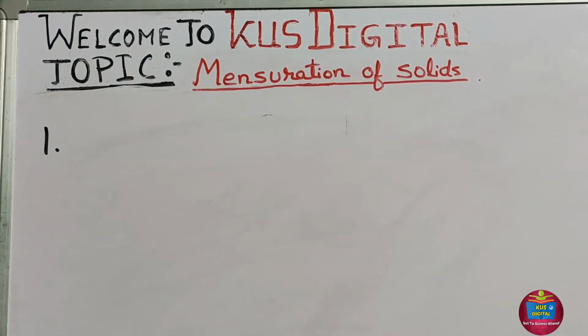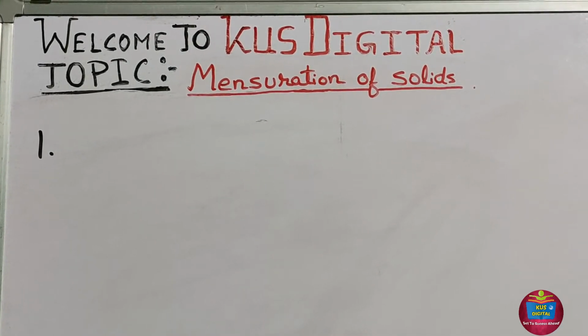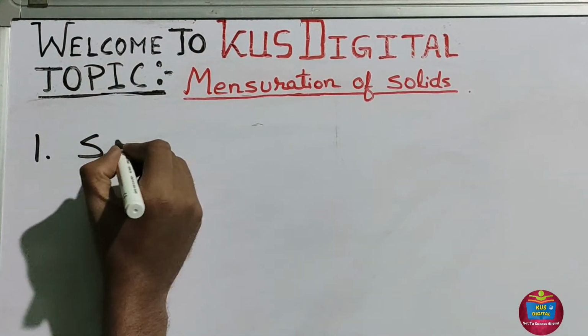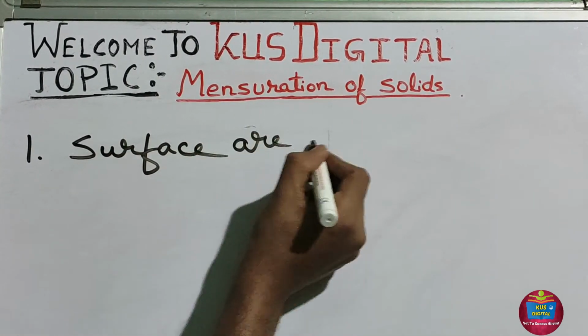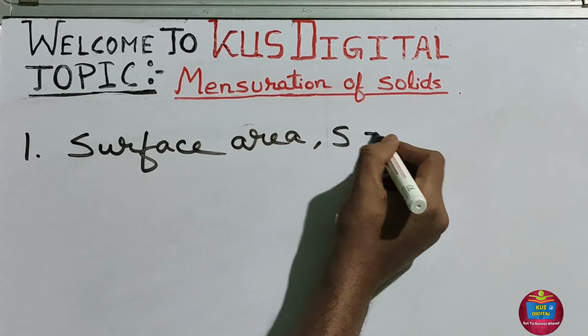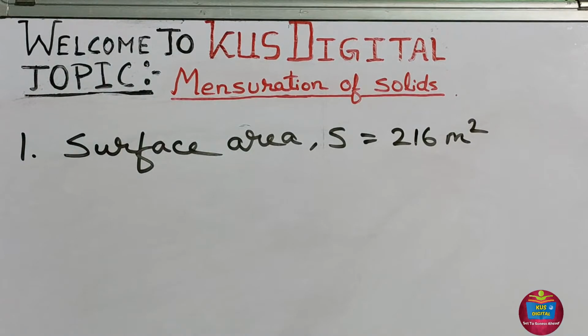The surface area of a cube is 216 meter square, find the volume. So surface area is given, that means S is given, 216 meter square.